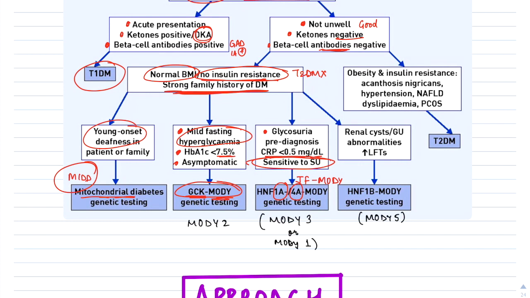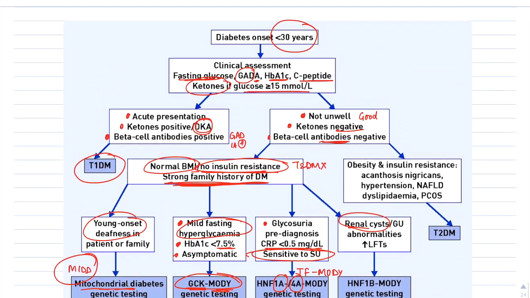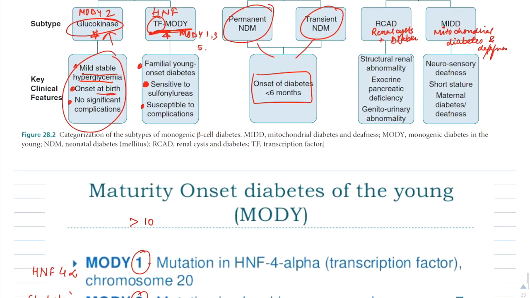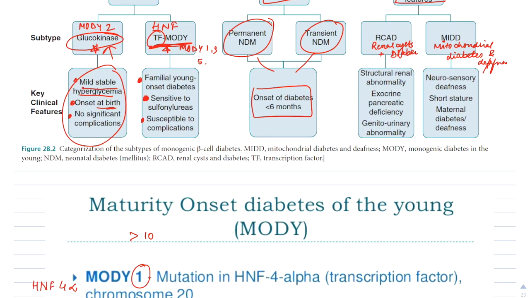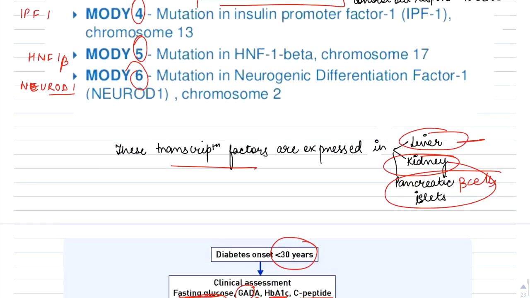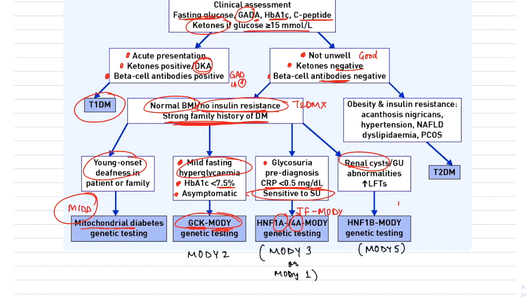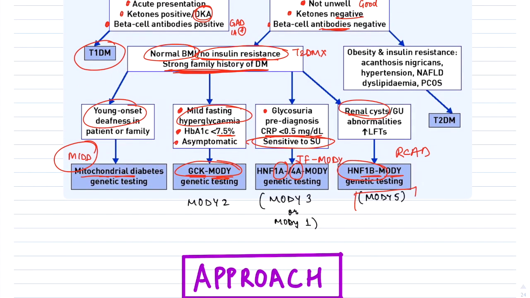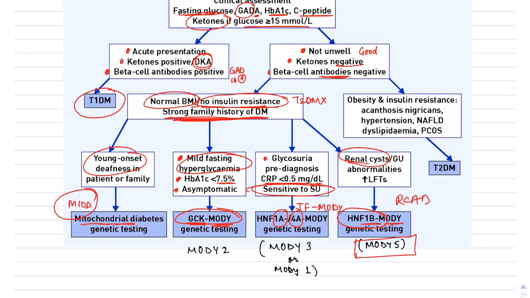If the patient with normal BMI and strong family history has renal cysts present, then it will be classified as renal cysts and diabetes, RCAD, or it can also occur along with hepatocyte nuclear factor 1 beta MODY, that is MODY type 5.